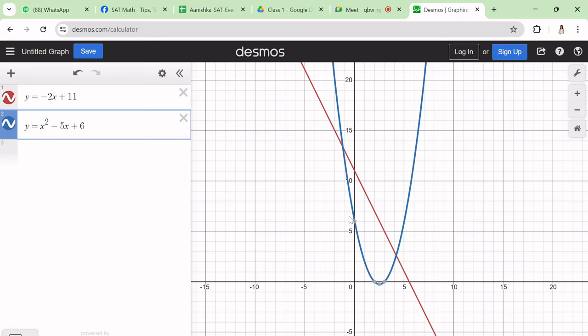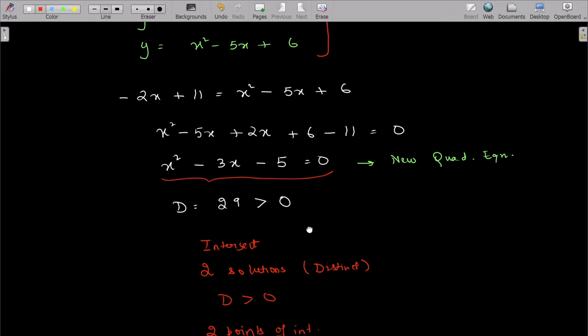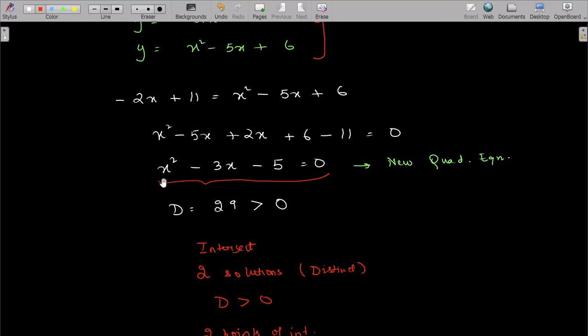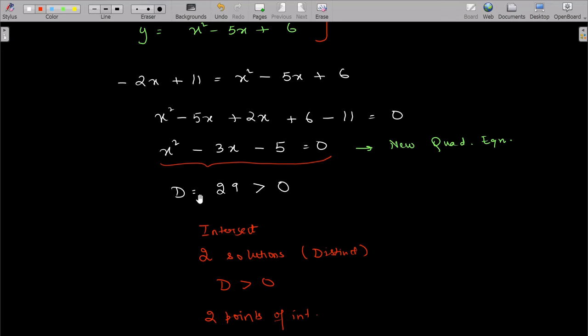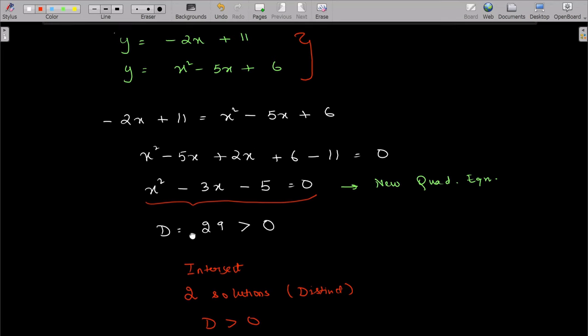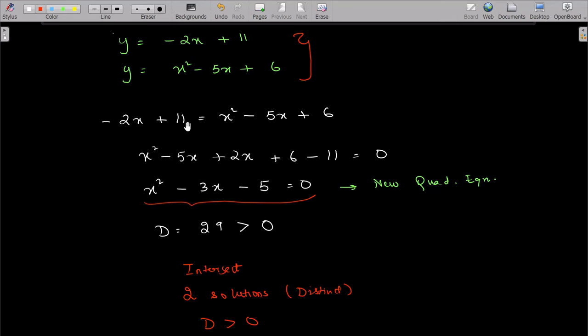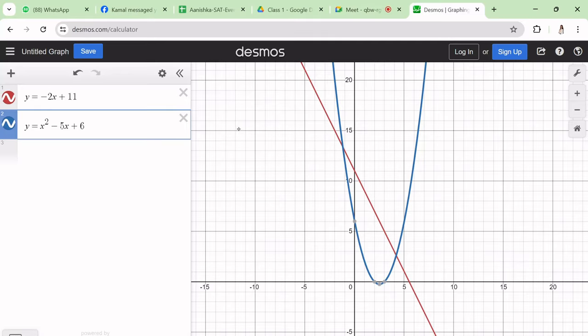Now if you actually have to find the solutions, you can simply solve this new quadratic equation to find the values of x. The best way would be to just plot these two equations on Desmos.